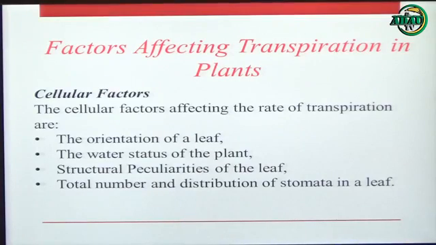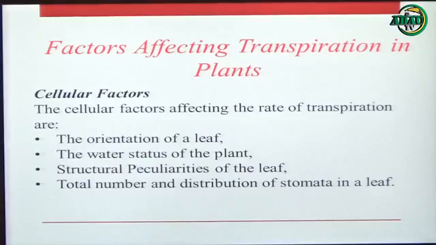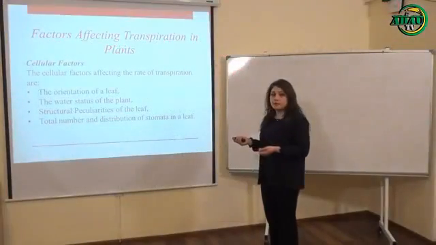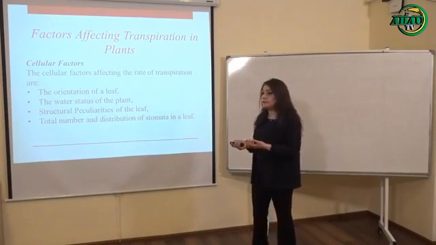For example, cellular factors: the orientation of the leaf, the water status of the plant, structural particularities of the leaf, and the total number and distribution of stomata in a leaf.